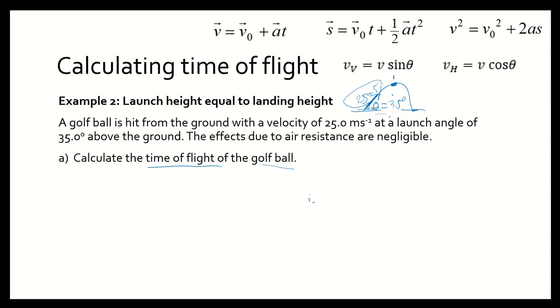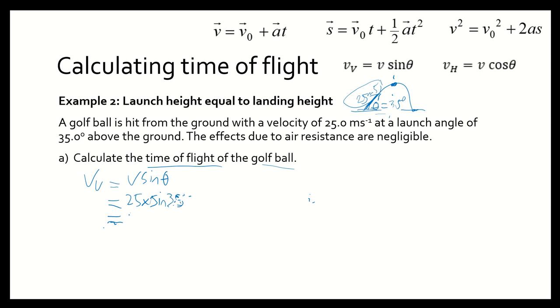First, we're going to work out the vertical component of velocity, because the vertical component is solely responsible for time of flight. So we're going to do v sine theta. So v, which is 25 times sine 35. If we type that into our calculator, 25 times sine 35, we'll get 14.